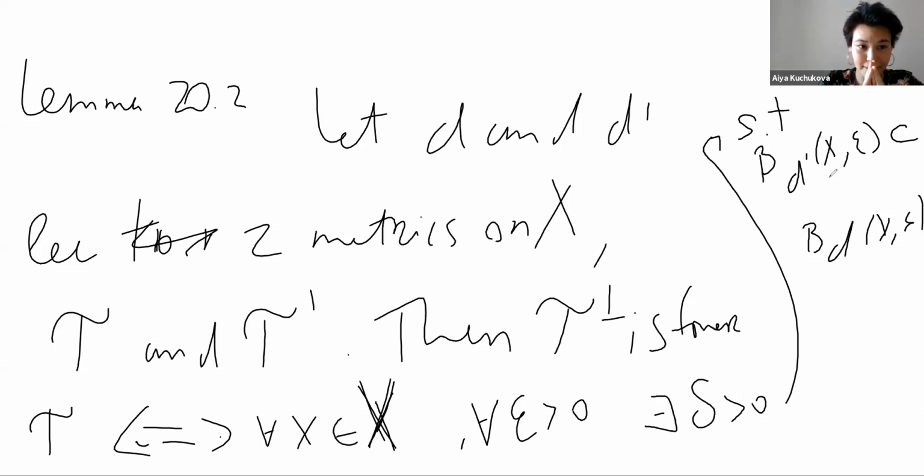Okay. Any questions about the lemma? Well, okay, just to remind you what finer means.